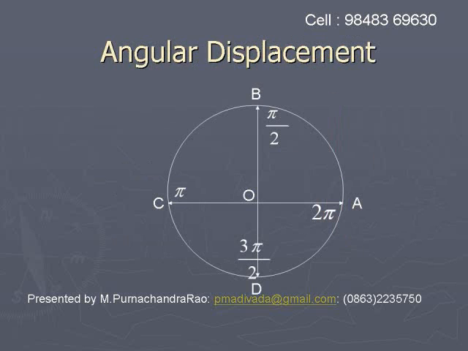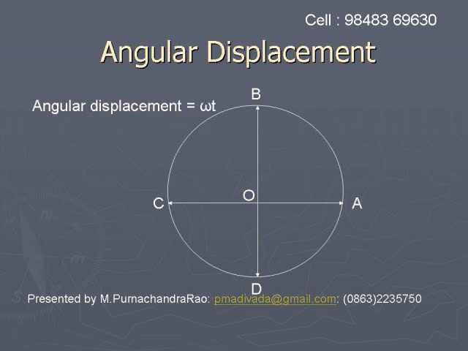Angular displacement. If the particle is moving with uniform or constant angular velocity omega, then angular displacement is equal to omega into t. Let us try to understand the values of angular displacement when the particle is at different positions. When the particle is at A, the starting point, its angular displacement is 0.